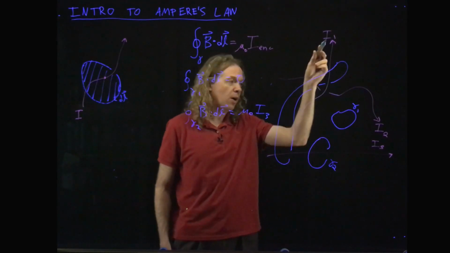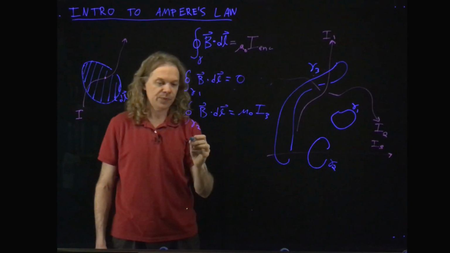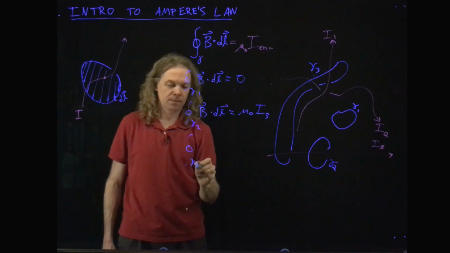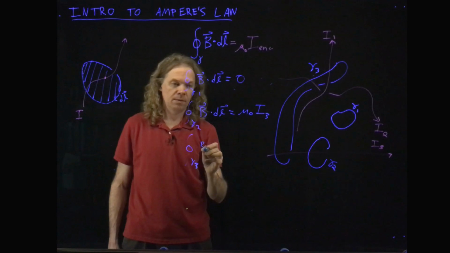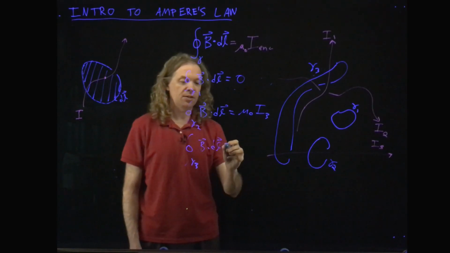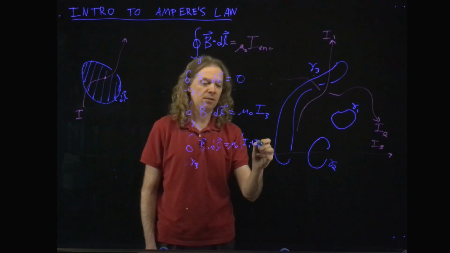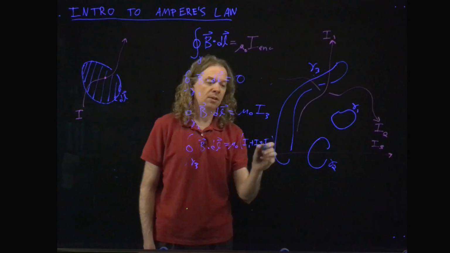So it enclosed I1, I2, and I3. Call that gamma 3. The circulation around gamma 3 is just mu naught times I1 plus I2 plus I3. So it really is that easy.